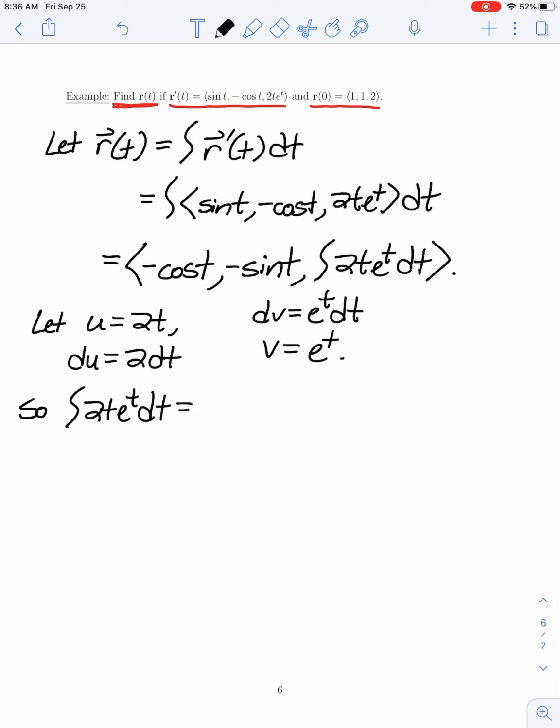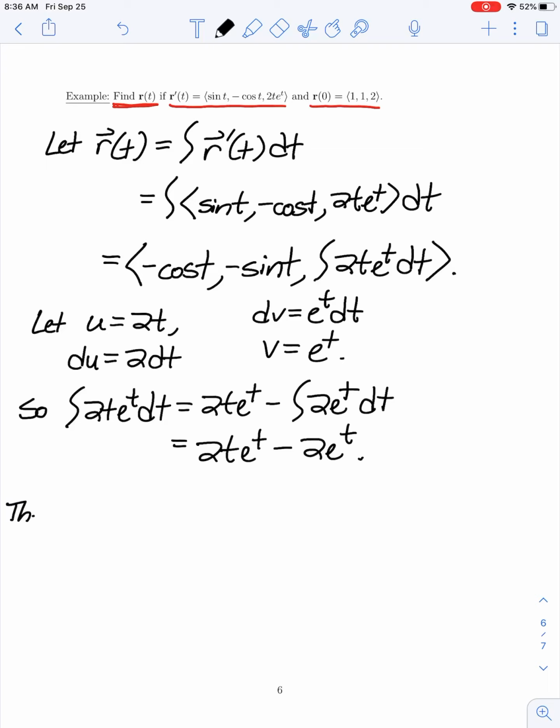Using integration by parts, we would have u times v, which is 2t e to the t, minus the integral of v du, which is 2 e to the t dt. We then have 2t e to the t minus 2 e to the t.